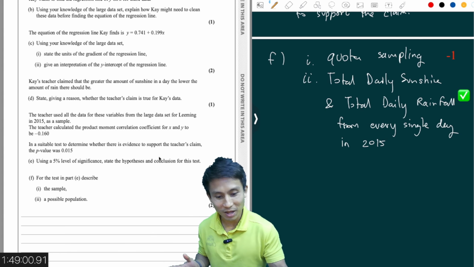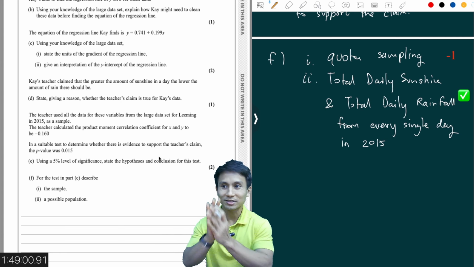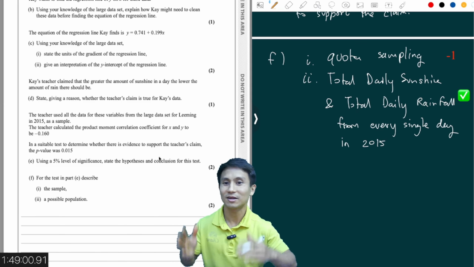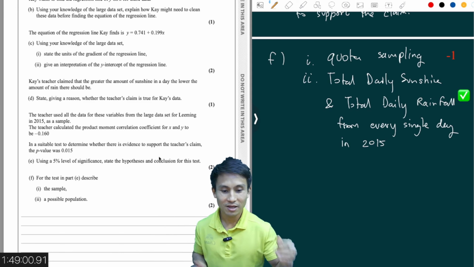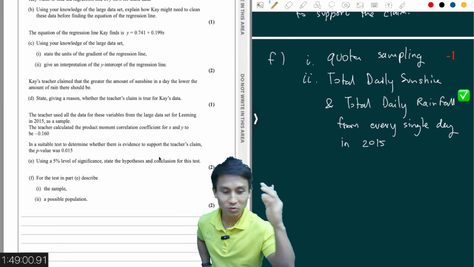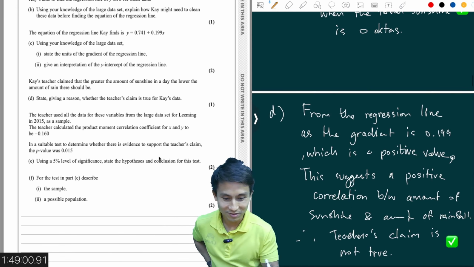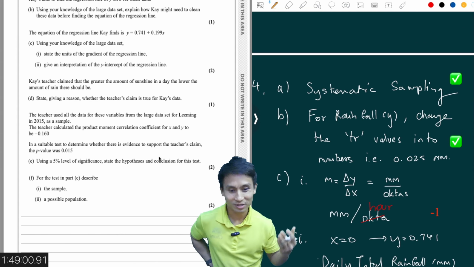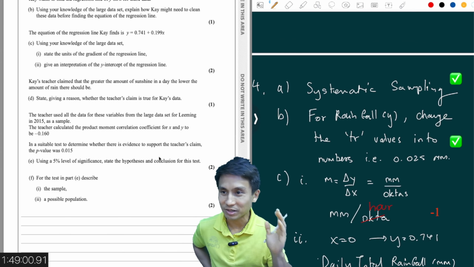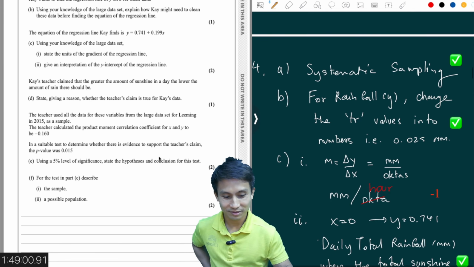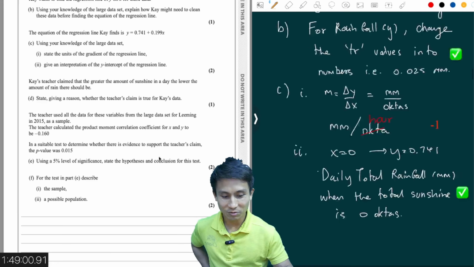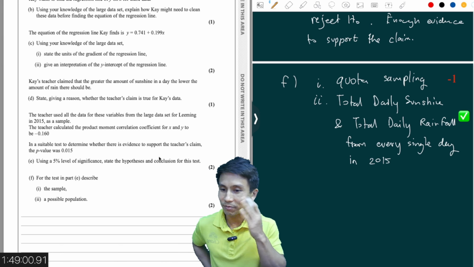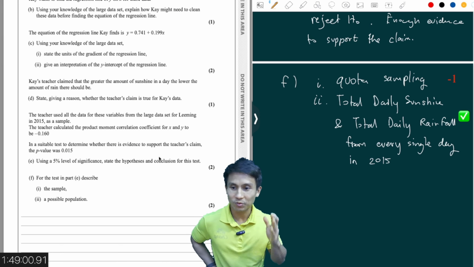For the second part here, I got it right, because it would just be every single day in the year 2015 for Leeming. And by the way, I got this one right. It's systematic sampling, believe it or not. That was just a guess. I remember the name vaguely, and I'll just go explain this one. So the part I here, the sample.